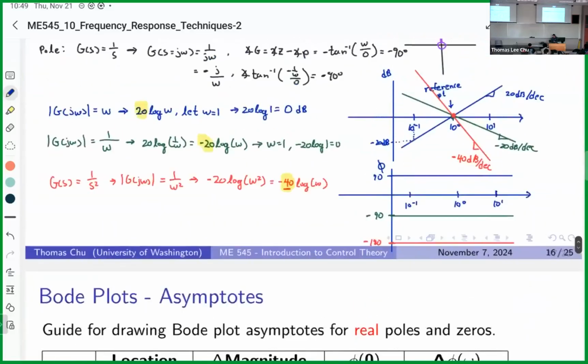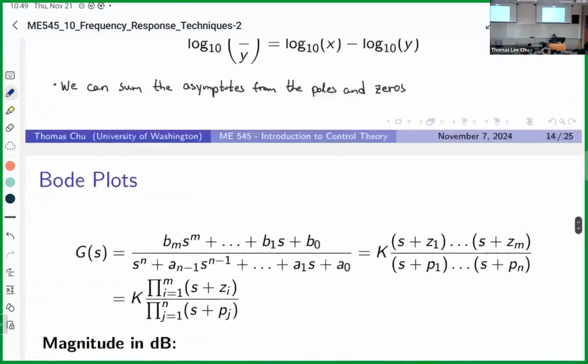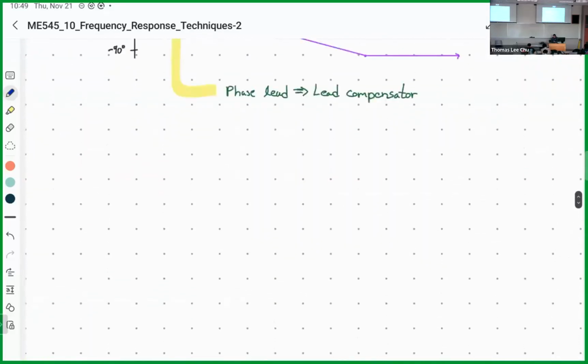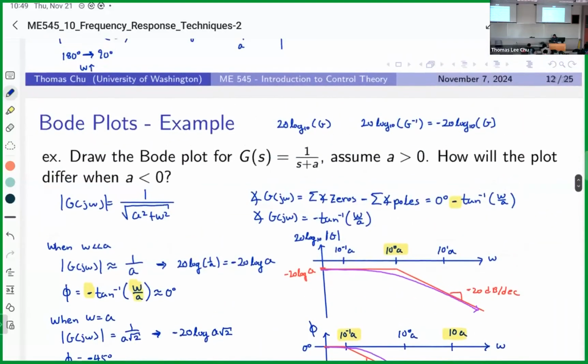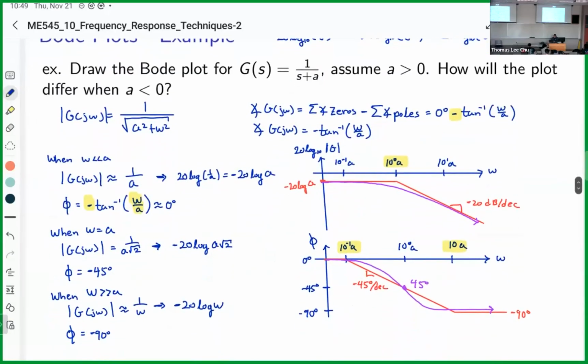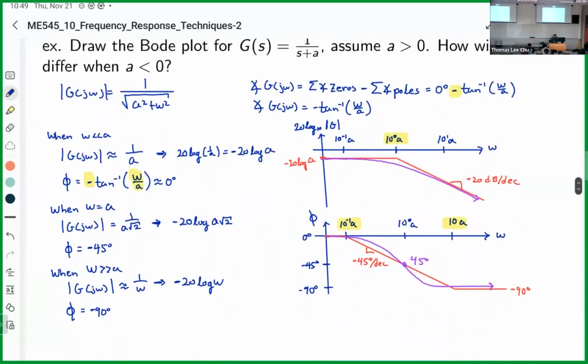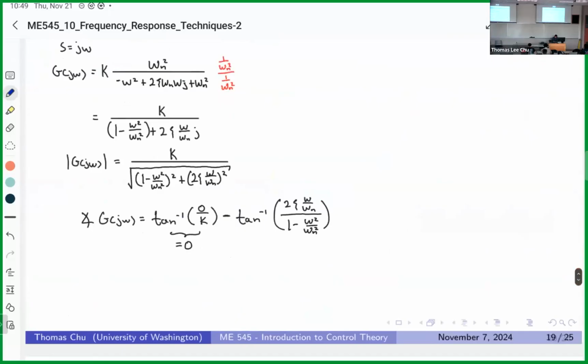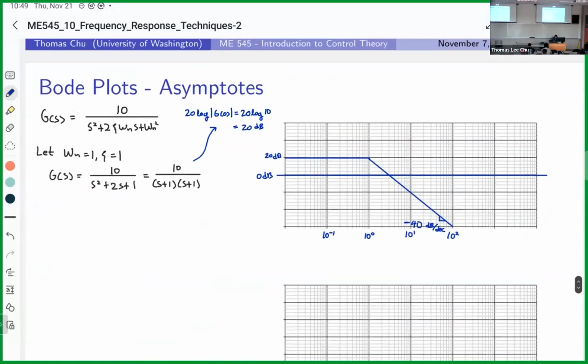So in this example, the pole location's at minus A, but then we take the magnitude of minus A, it's just A. So the break frequency is at A. So here the break frequency is at 1, because the pole's at minus 1.